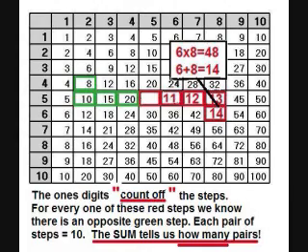For every one of these red steps on the right, there's an opposite green step on the left, and each pair of red and green steps equals 10. The sum, or the ones digit in the sum, tells us how many pairs.